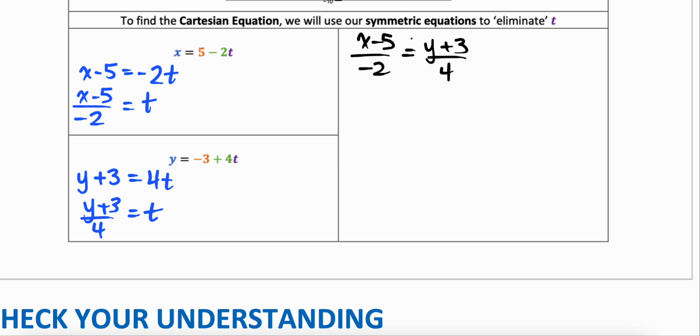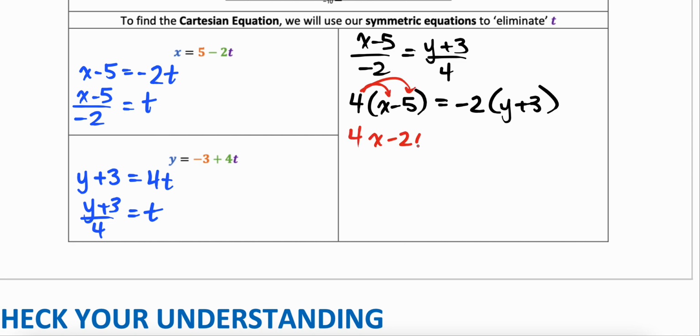And now I can use this to come up with my Cartesian equation. I'm going to do some cross multiplication here if you want to think about it like that. So 4 times x minus 5 is equal to -2 times y plus 3. So I'm just getting rid of those denominators from those fractions. And I'm going to apply the distributive property. So I get 4x minus 20 is equal to -2y minus 6. And I'm going to bring everything to one side. Might as well bring it over to the left-hand side.